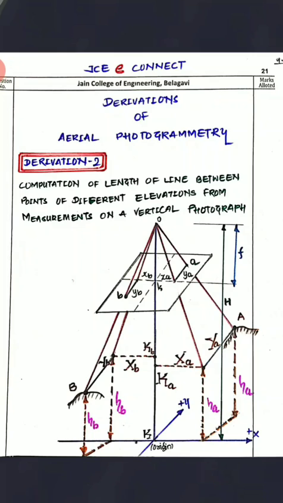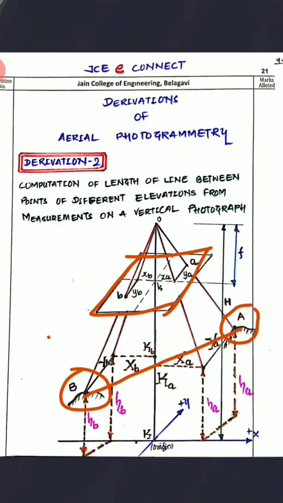Now this is the second derivation of aerial photogrammetry, where we are going to see the length of a line between points of different elevation from measurement on a vertical photograph. If you see this, we have two objects here on the ground, object A and object B. You are supposed to determine the distance between these two objects A and B by using the photograph and the coordinates on that photograph.